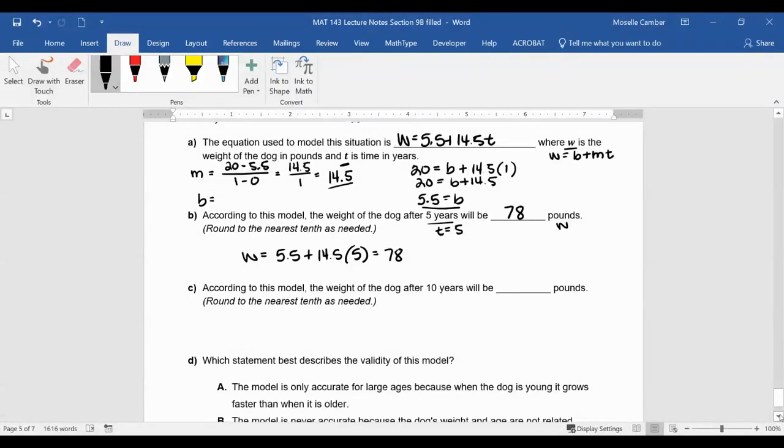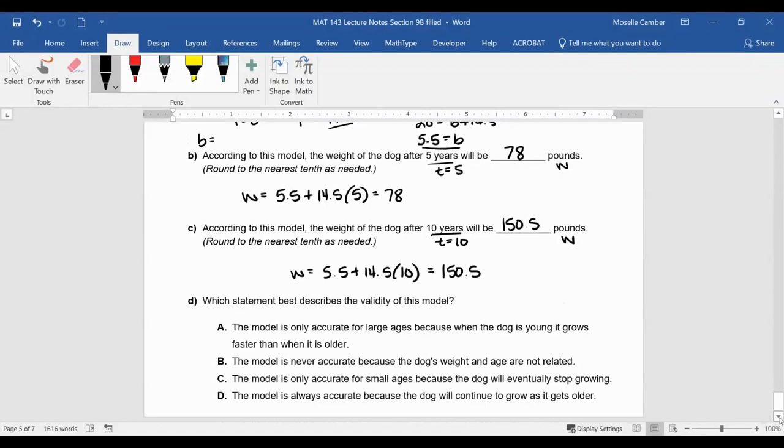But how much would this model say that the dog weighs after 10 years? So this time our T is going to be 10. We want to find our W. So W is going to be equal to 5.5 plus 14.5 times 10, which is 150.5 pounds. Which again might be possible, but that's pretty dang heavy for a dog.